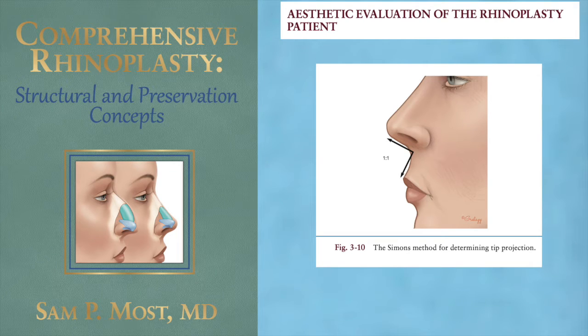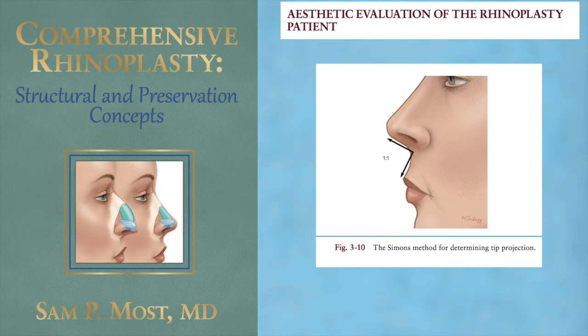Other things you need to evaluate are nasal skin thickness and nasal tip support, and these are all things that are explained in the chapter. There are a number of different ways for measuring tip projection that have been described, including the Good method, the Simon's method, the Crumley method. But to me, the Simon's method makes the most sense and it's easiest to do.